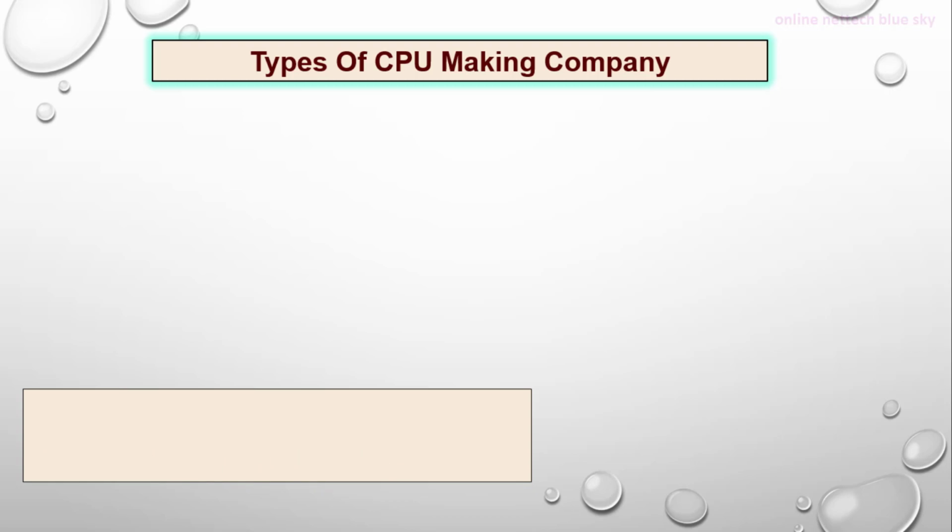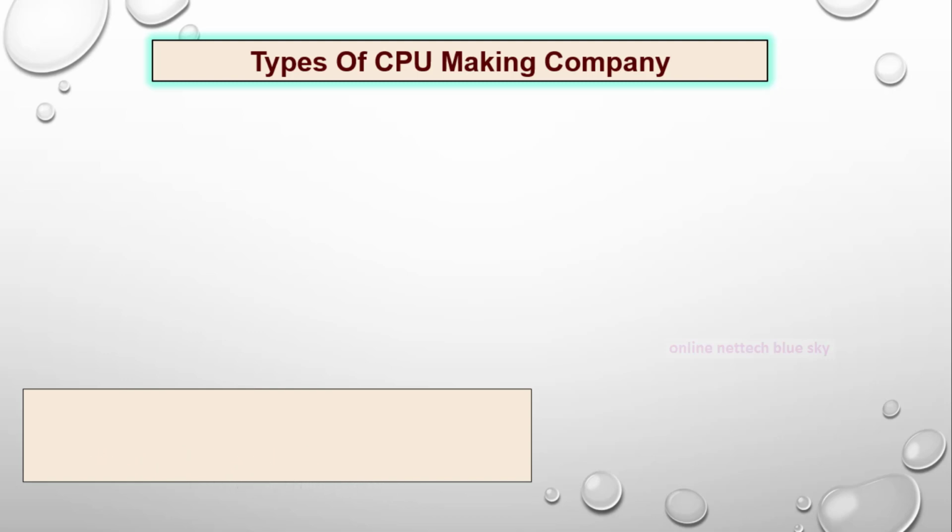It is the brain of the computer, which processes everything: your data, pictures, video, music, any document you create. All your data passes through this CPU technology. I have already told you about CPU technology, what the CPU is, and how it works in process, input and output. I will discuss this in more detail in the next few videos.